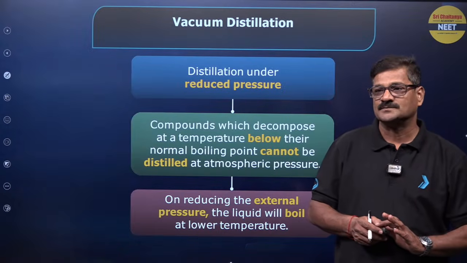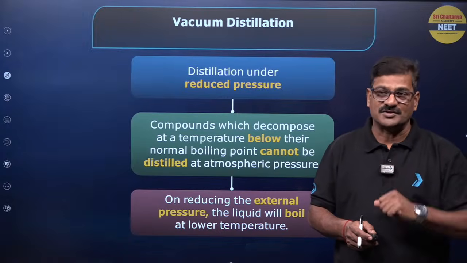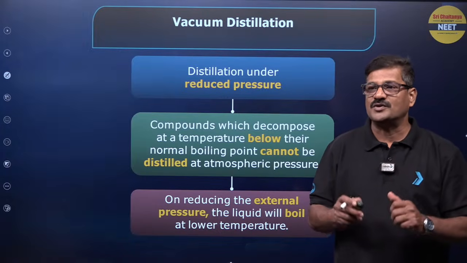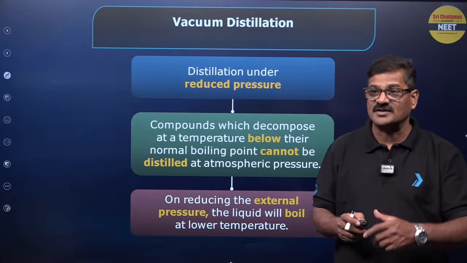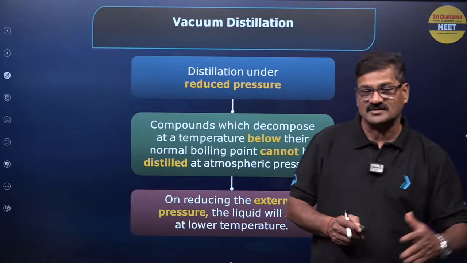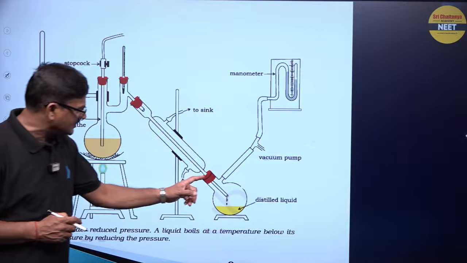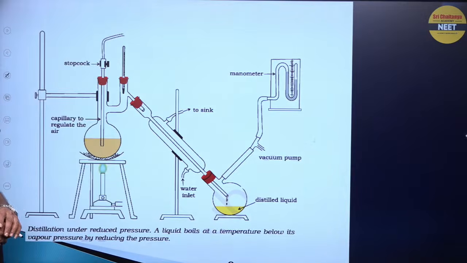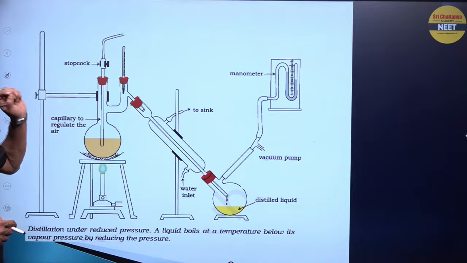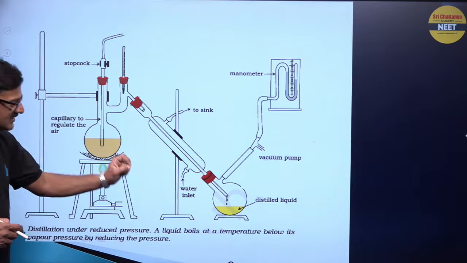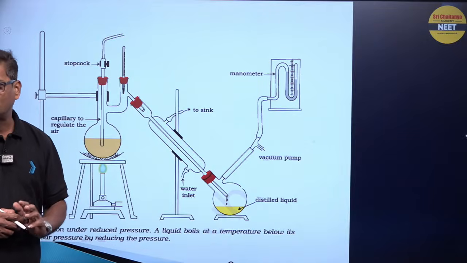On reducing the external pressure, the liquid will boil at a low temperature. So compounds which decompose below their normal boiling point cannot be distilled at atmospheric pressure. You have to decrease it. When you connect a vacuum pump here, you decrease the boiling point, and you get distillation under reduced pressure.